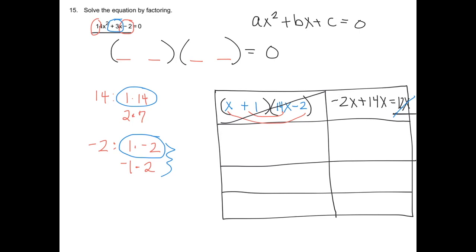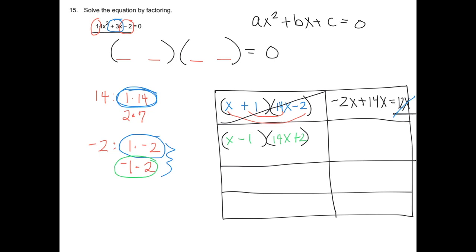We're going to check another pair. I'll set up my two parentheses. Now I still want to test the 1 and 14, but instead of the 1 and negative 2, I'm going to choose the negative 1 and positive 2. So when I set this up, I have x minus 1 times 14x plus 2.